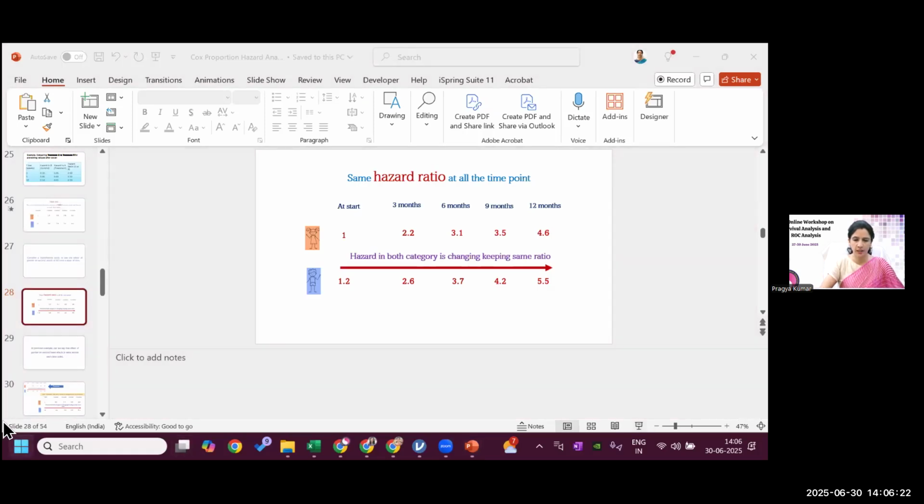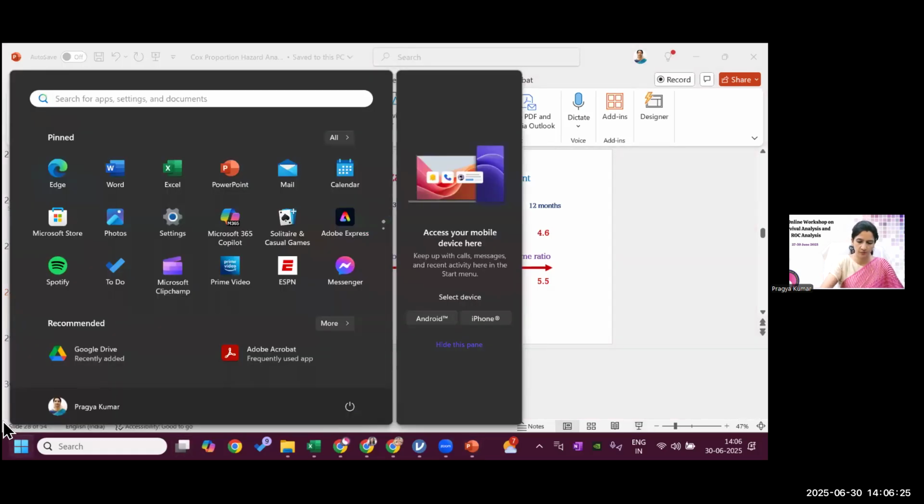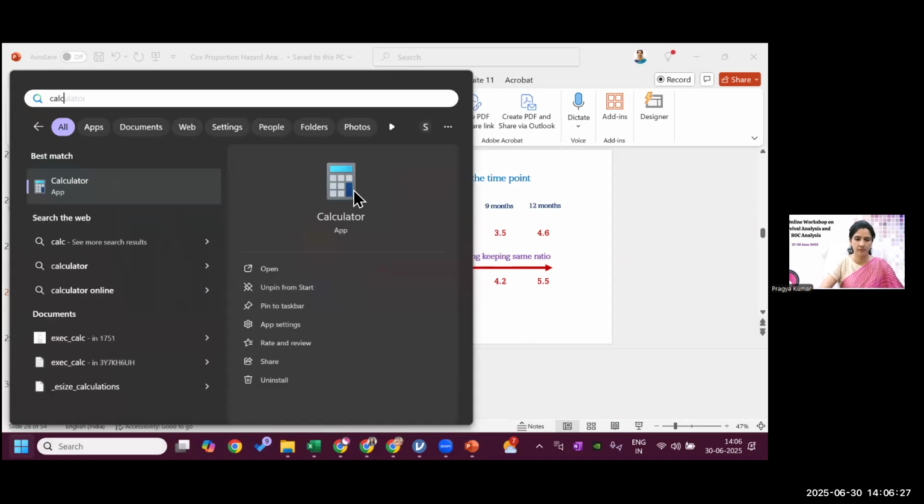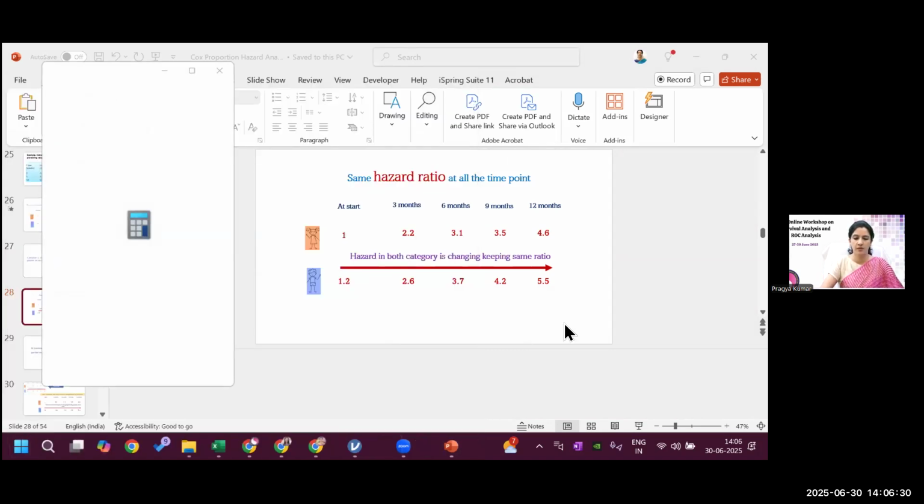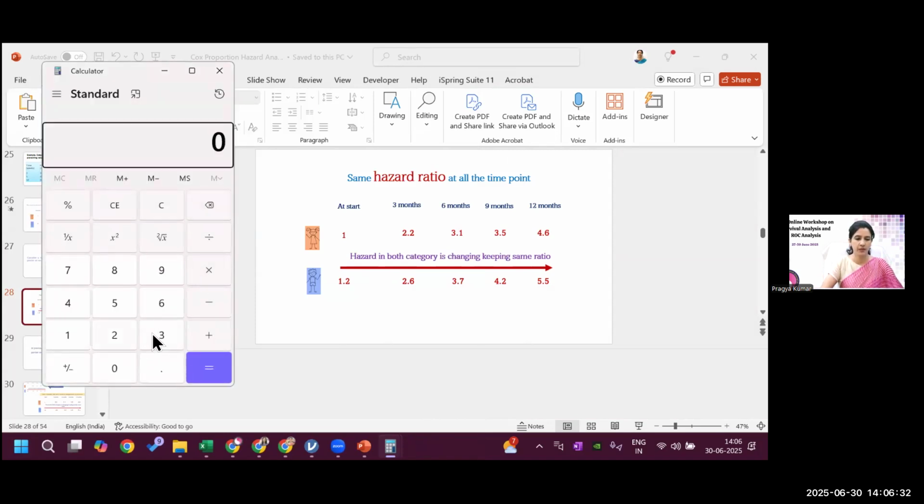And then if I do 3.7 divided by 3.1, it is 1.19 or 1.2 you can say. Again 4.2 divided by 3.5, so this is again 1.2.